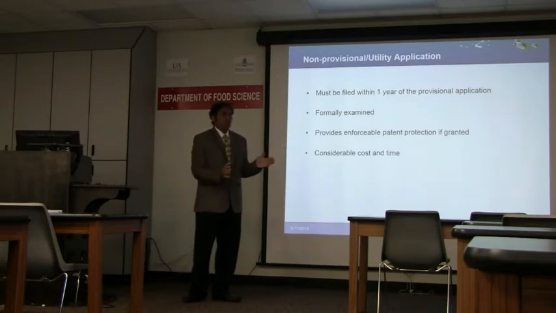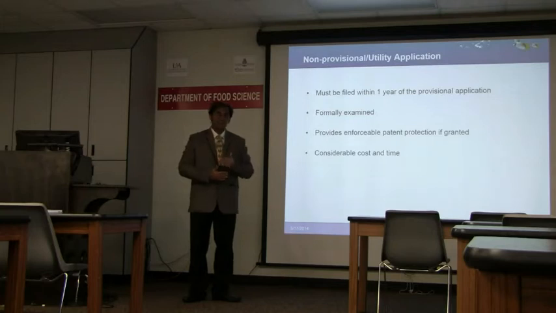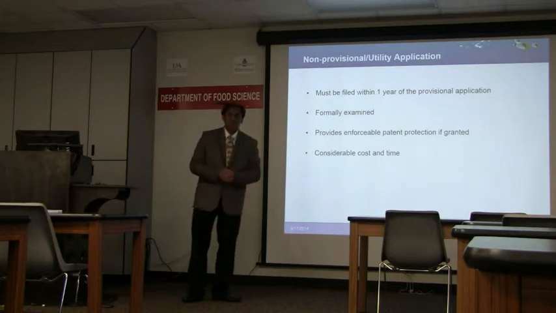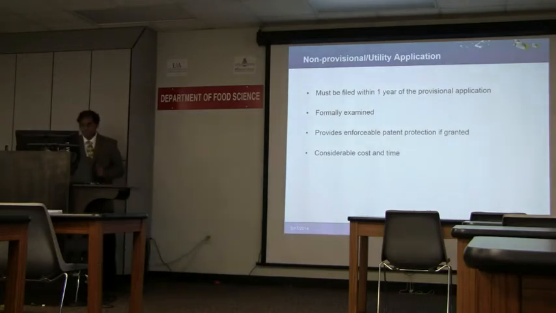That's a good thing, because if the examiner finds a prior art, he will just reject your application, and you lose the cost of filing the application. So if you can assess the patentability of your idea yourself, that will be a good thing. I'll discuss how to search yourself.